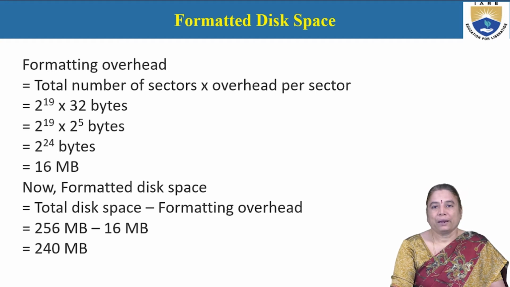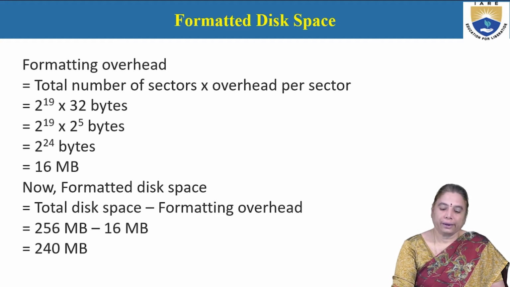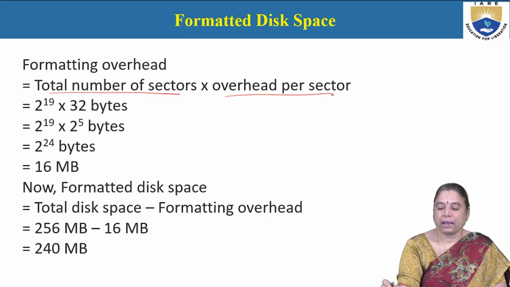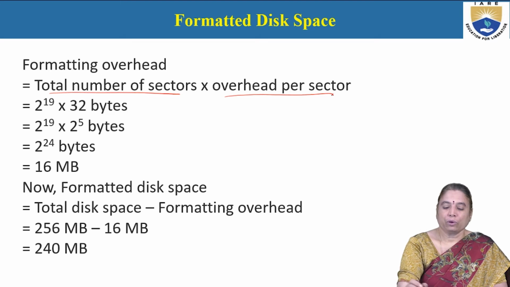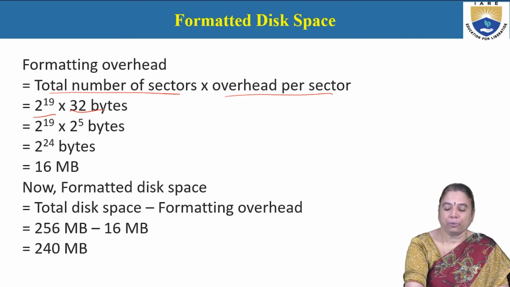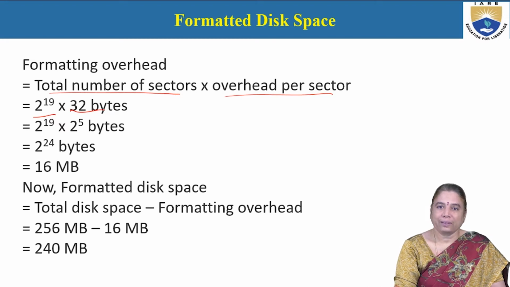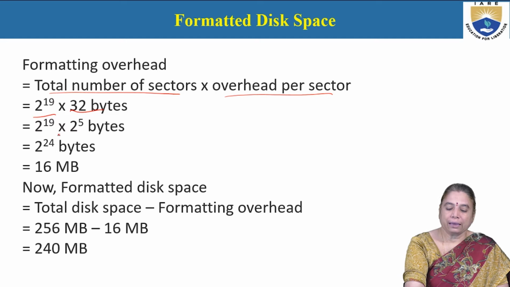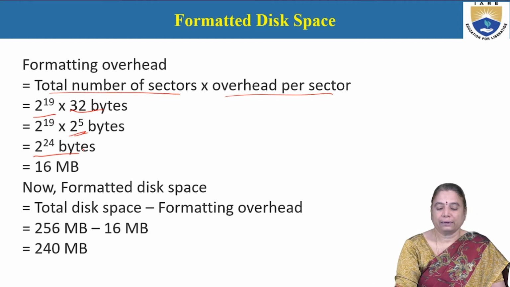Next, formatted disk space. The formatting overhead can be calculated as the total number of sectors multiplied by overhead per sector. Total number of sectors 2 power 19 multiplied by 32, the overhead per sector given in the problem. It can be represented as 2 power 19 multiplied by 2 power 5, so total 2 power 24 bytes, which is 16 megabytes.